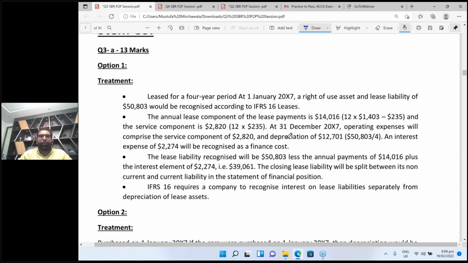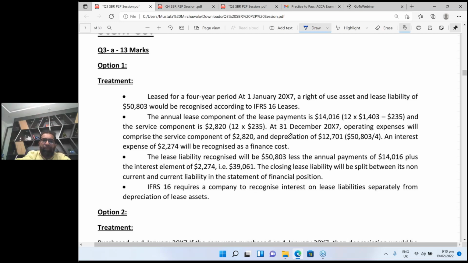These three things, depreciation expense, interest expense and the service charge, will all go in P&L. The lease liability recognized will be 50803. At day one the lease liability is 50803, and then you can subtract 14016 and add interest. You will get 39061, or you can use my shortcut with entry. Both are correct.